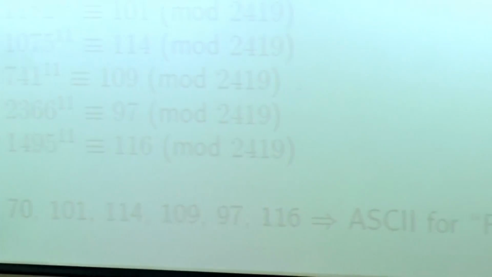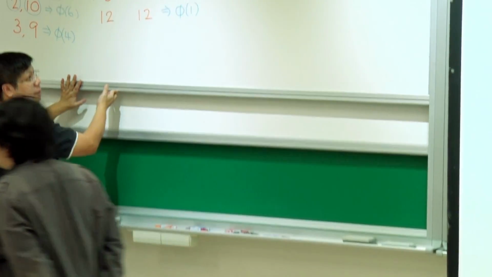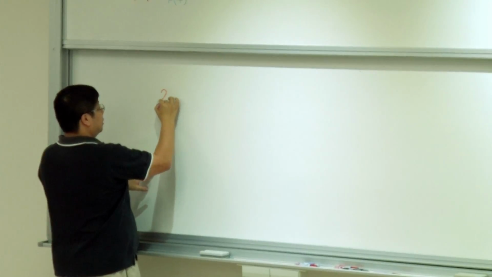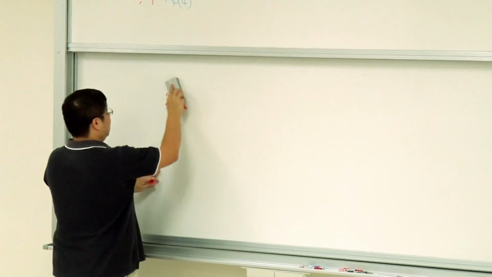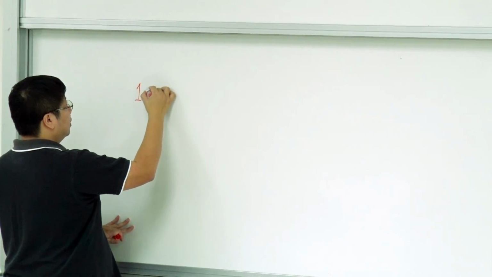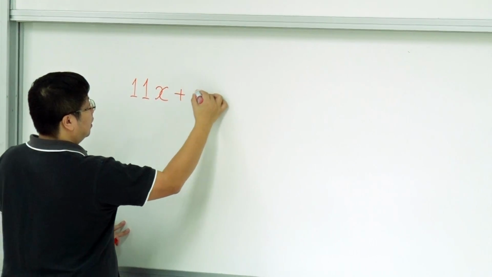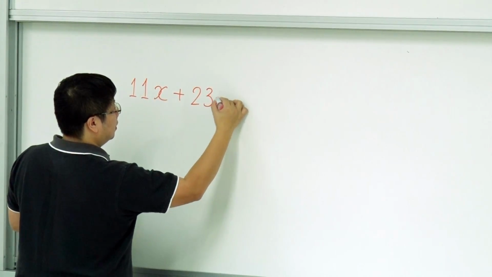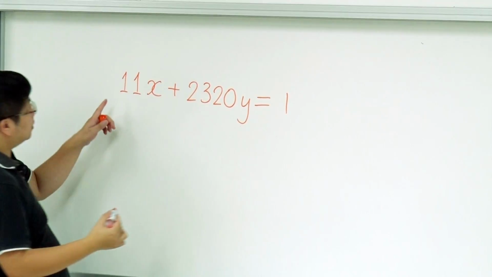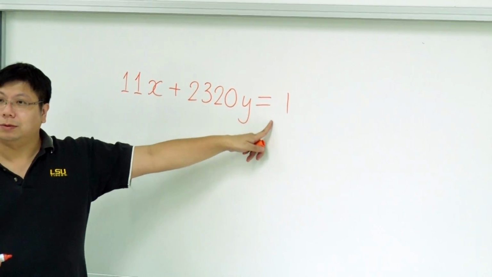We want to find some value of x and some value of y such that 211 times x plus 2320y is equal to 1.